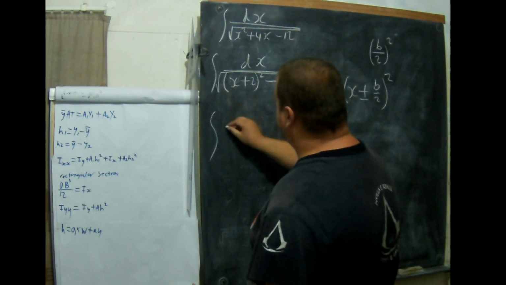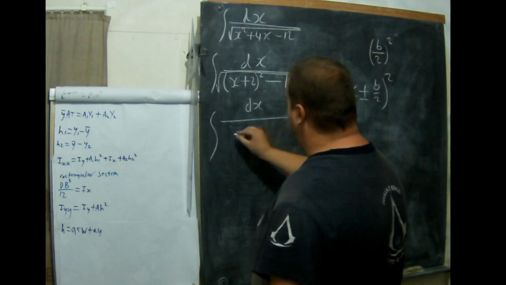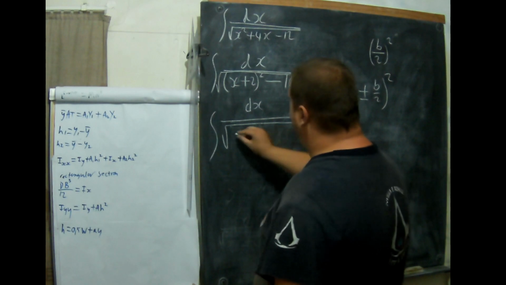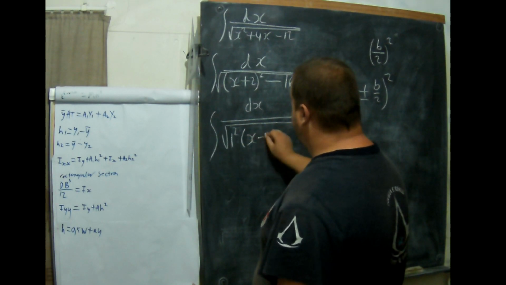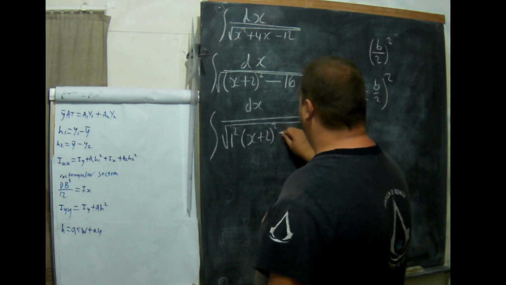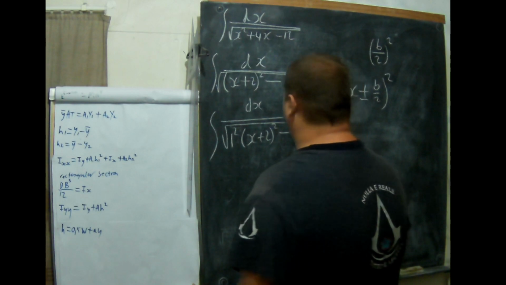The integral is now dx over the root of 1 squared times x plus 2 squared minus 4 squared.